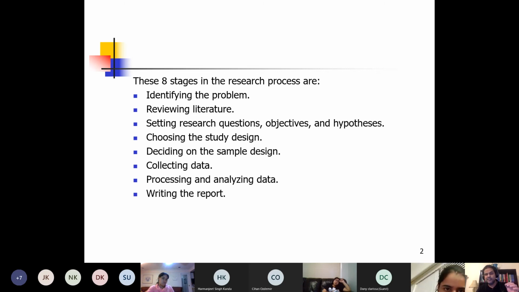Okay? So let's assume that you are going to decide that the main research question will be what will be the impact of turning to online education in University Canada West.